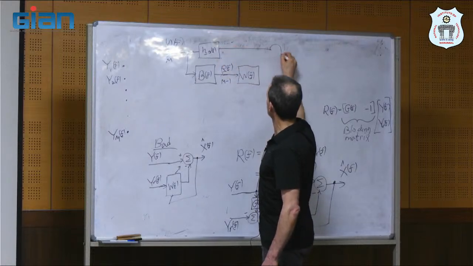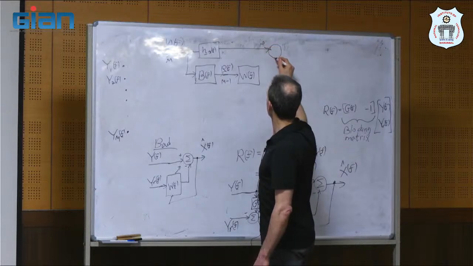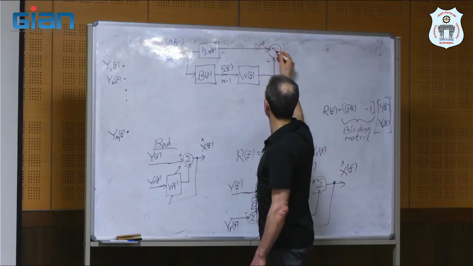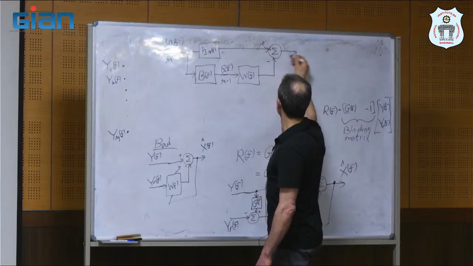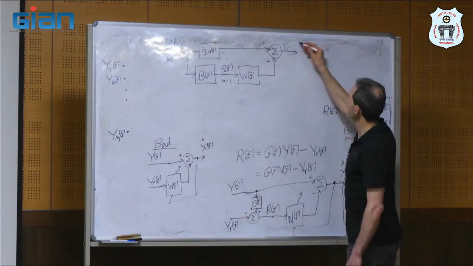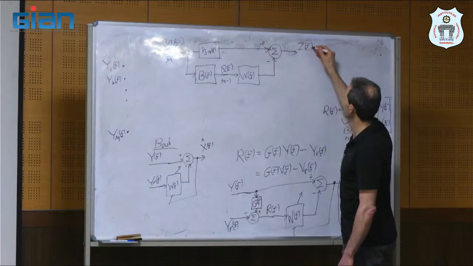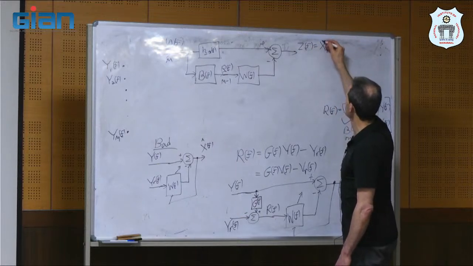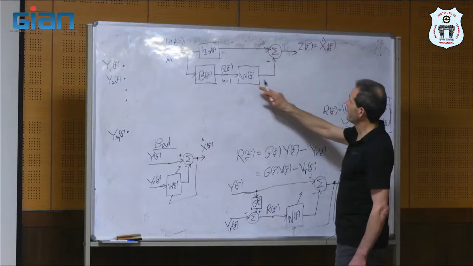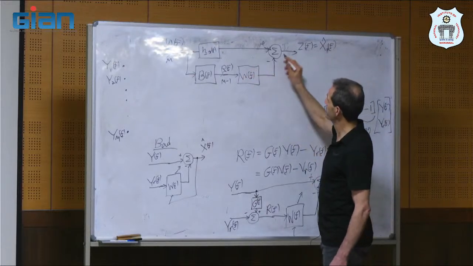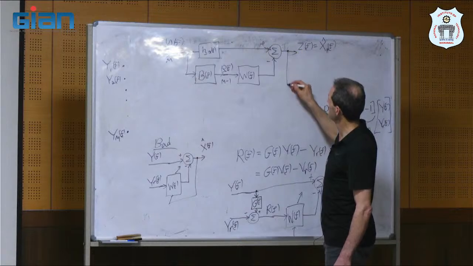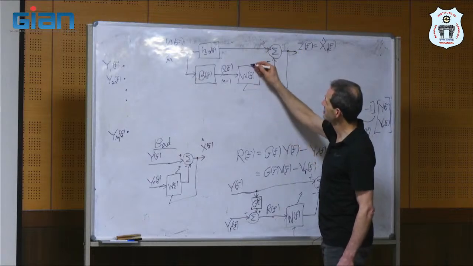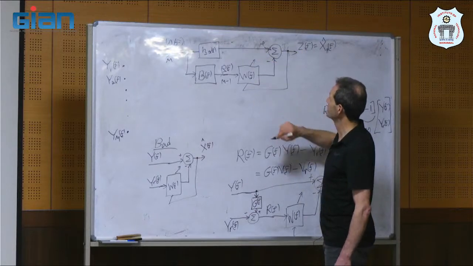And then here we take plus, minus. And here we have ZF, which is an estimate of X1F. And how do we find this filter? By minimizing the power at the output.